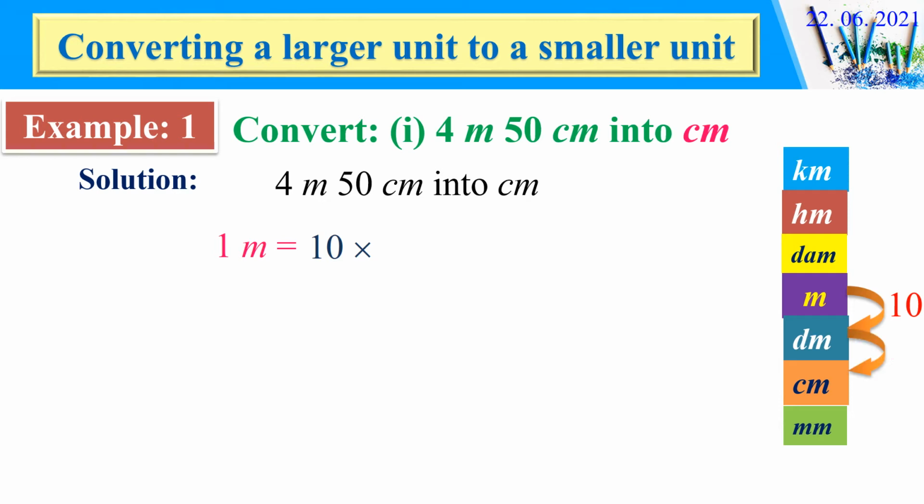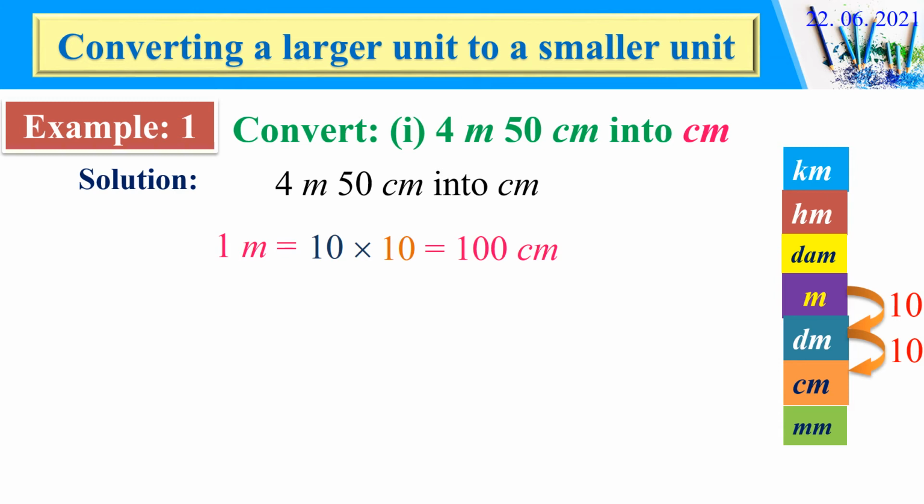Now from decimeter to centimeter we have moved a second step. So again we have to multiply by another 10. Now we have converted meter to centimeter. Therefore 10 into 10 is 100 centimeter. 1 meter is equal to 100 centimeter.